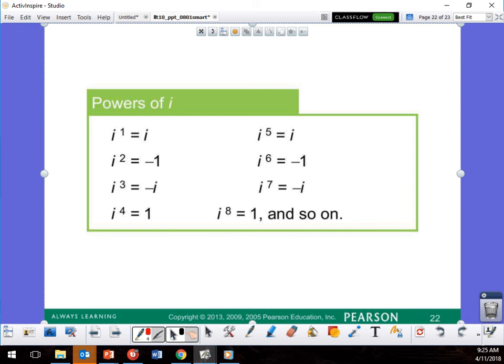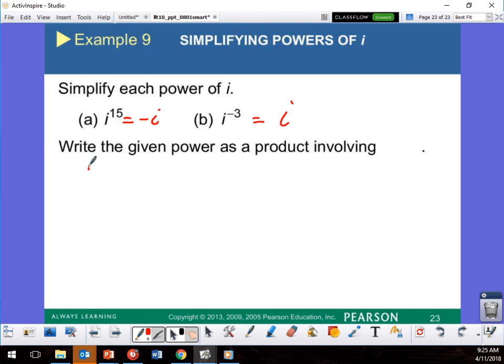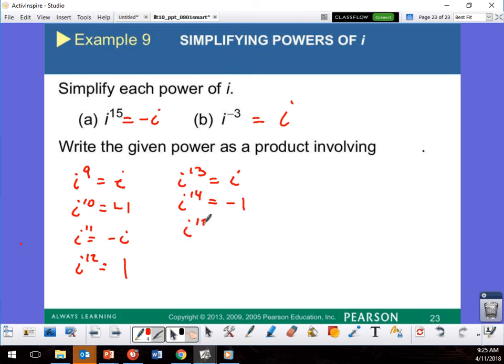So if I keep the pattern up to 15, we're already at 8, so i to the 9 is i, right? i to the 10 is negative 1, i to the 11th is negative i, i to the 12th is 1. i to the 13th is i, i to the 14th is negative 1. i to the 15th is what? Negative i.